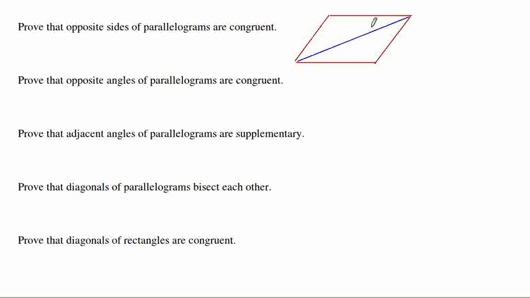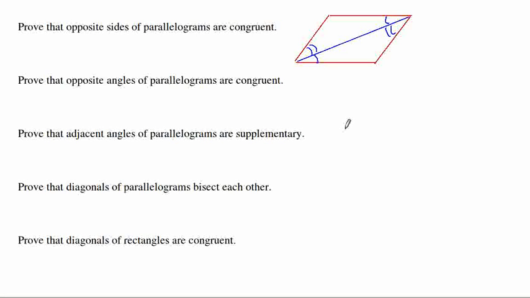We know that the blue diagonal is a transversal with respect to the pairs of opposite sides. In other words, we have alternate interior angles. Okay, because we know that, again, we have pairs of parallel sides.